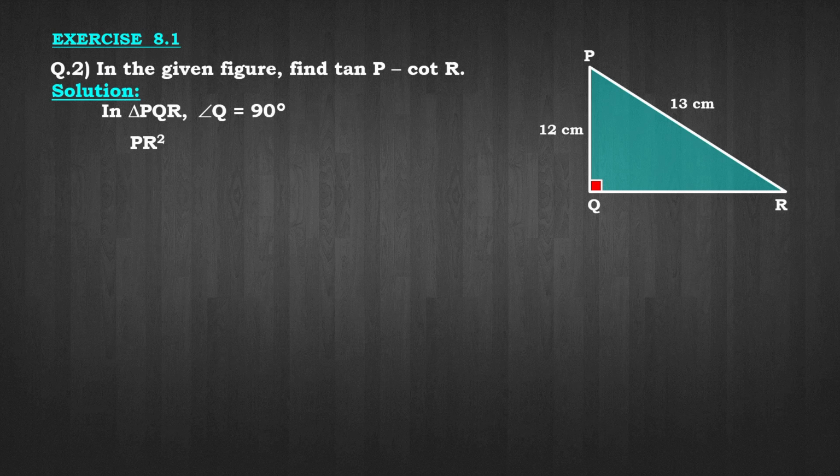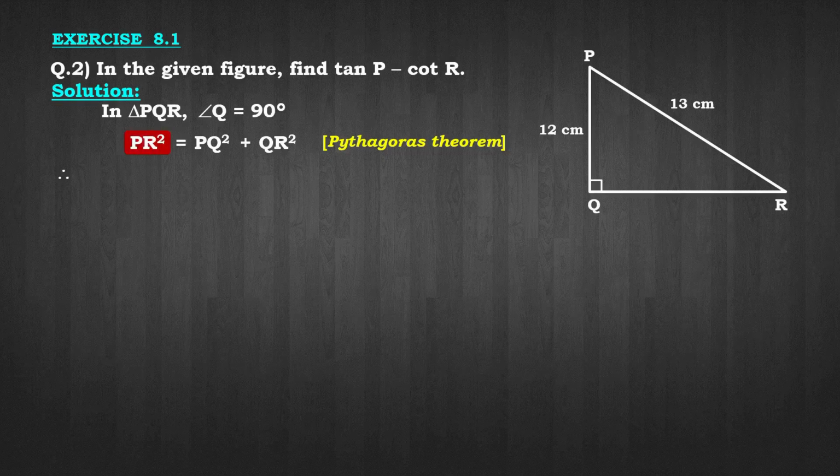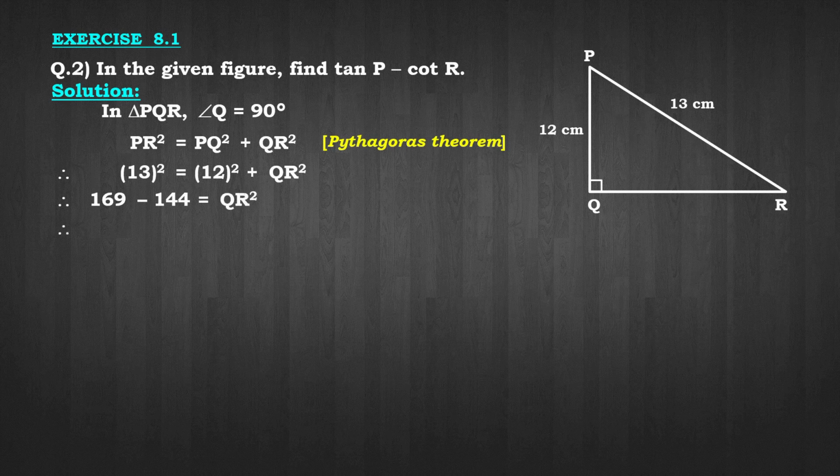So, the square of PR is equal to the square of PQ plus the square of QR. Substituting the given values, the square of 13 is equal to the square of 12 plus the square of QR. After simplifying, we get the square of QR equal to 25. Taking the square root, the value of QR becomes 5 centimeters.